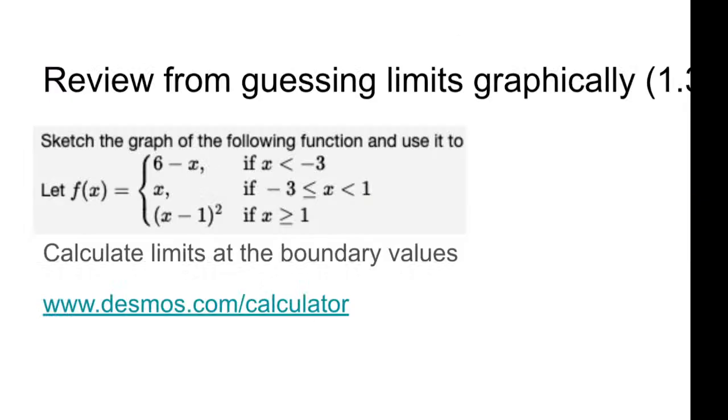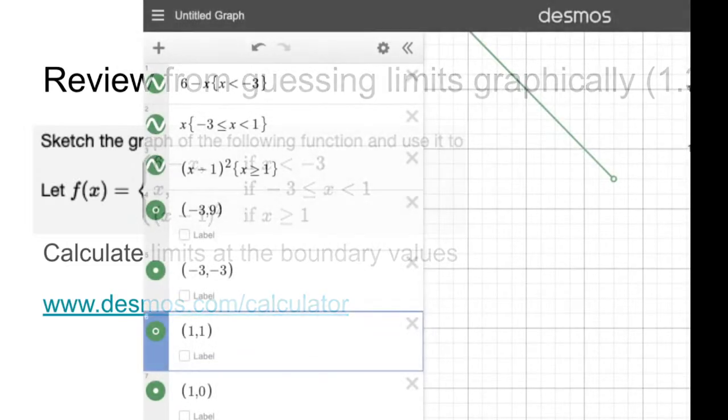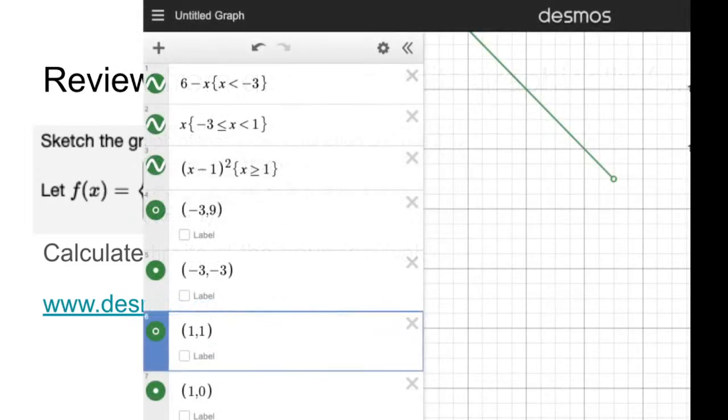So going back to one slide from Monday. This is a piecewise function, and we wanted to calculate the limits at the boundaries. So we went through using Desmos to graph it. To save us a little bit of time, I'm not going to go through that again. I'm just going to pull up the graph from Desmos and speak about how we think about limits, and this time I can draw on it.